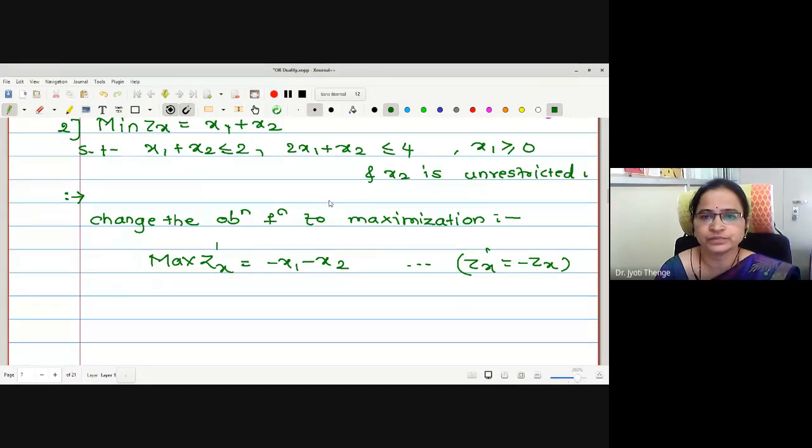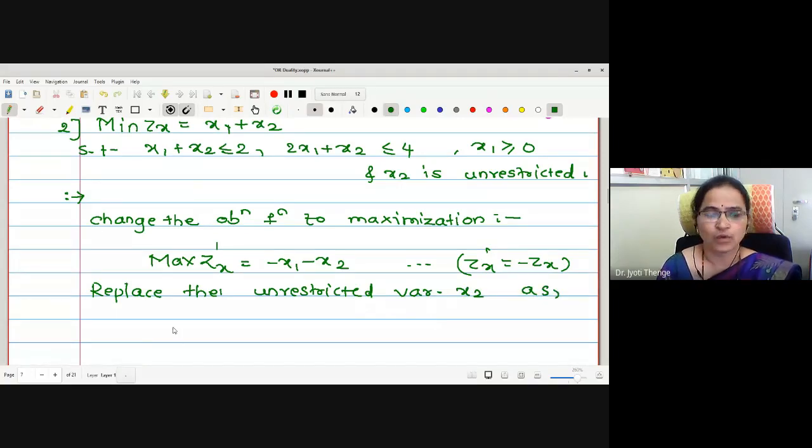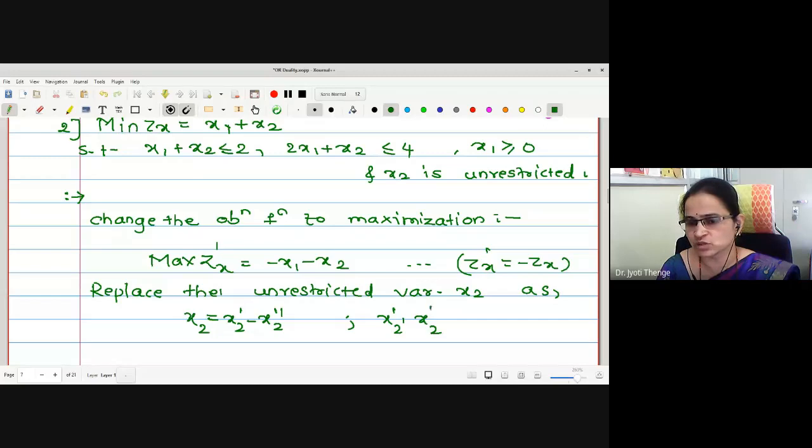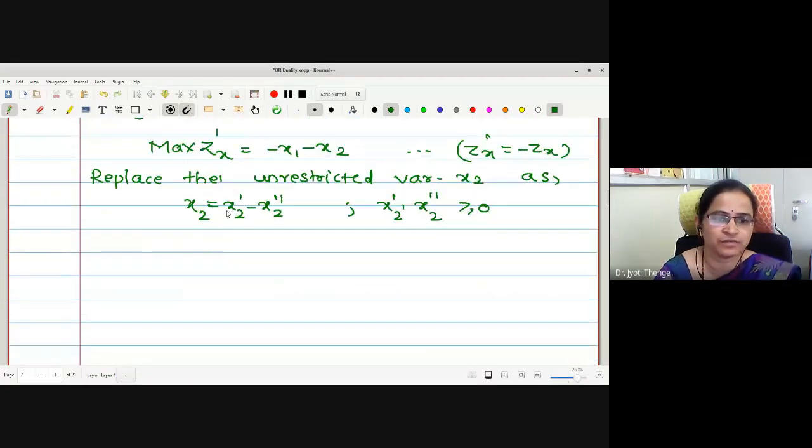Therefore, what will we do? We will replace the unrestricted variable x2. Let me replace x2 by x2 dash minus x2 double dash, where both these variables x2 dash and x2 double dash are non-negative. Now we will make all these changes and write the standard primal form.